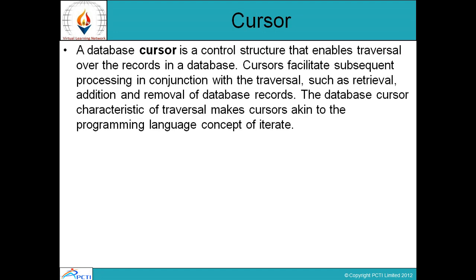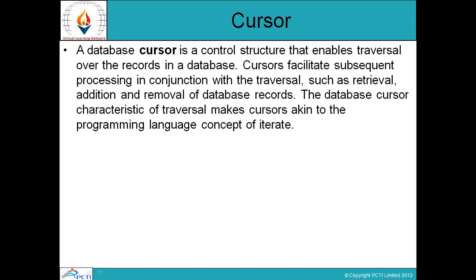And the next one is the cursor. A cursor is a control structure. When you are working with a select query, it works with more than one row simultaneously, and the cursor gives control over this data. The database cursor is a control structure that enables traversal over the records in the database.